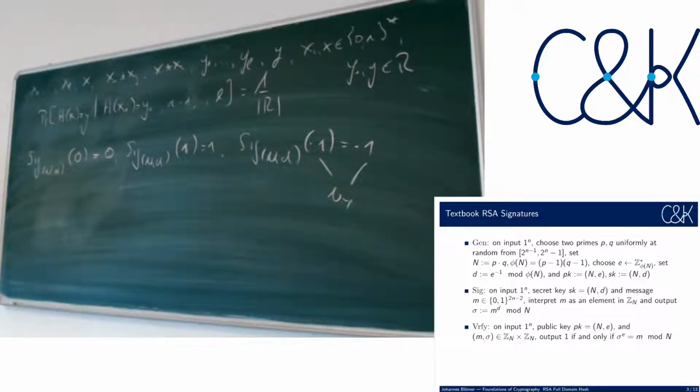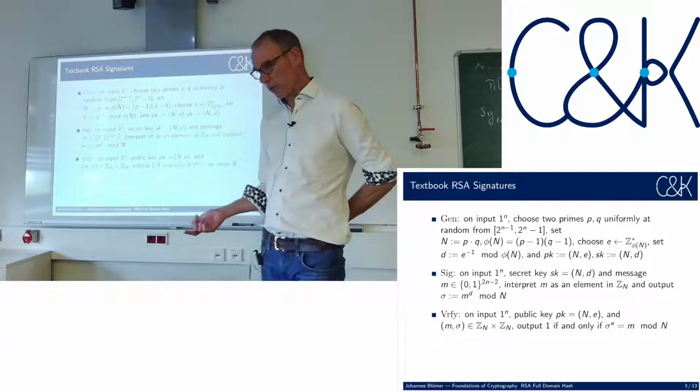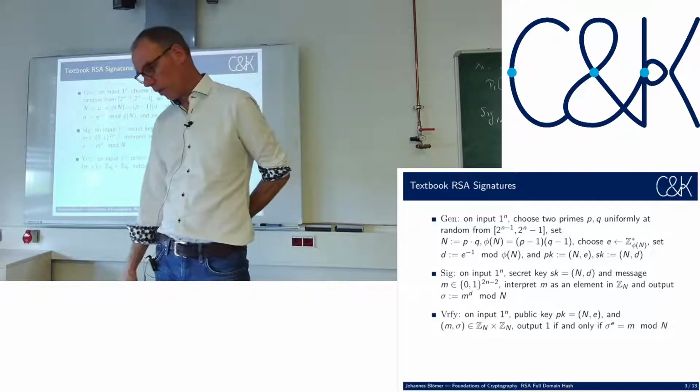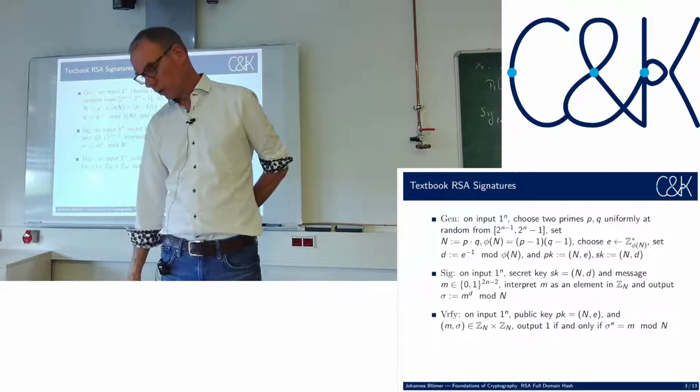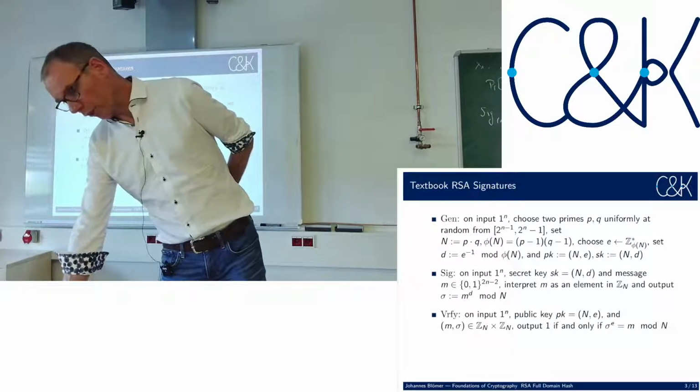So this was completely insecure, and hence we cannot expect our theorem from last time to apply, which says that if you combine a secure signature scheme with a collision-resistant hash function, you get a secure signature scheme. You cannot apply this here. This just doesn't satisfy the conditions of that theorem.